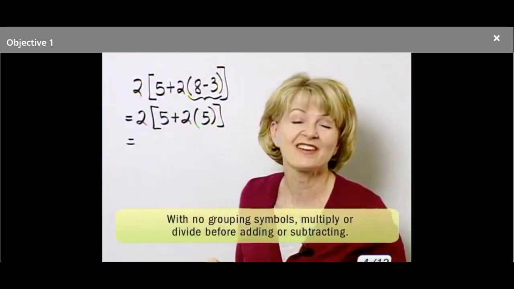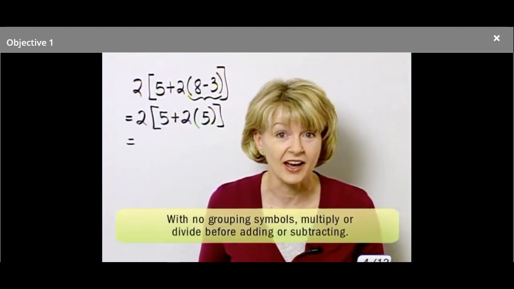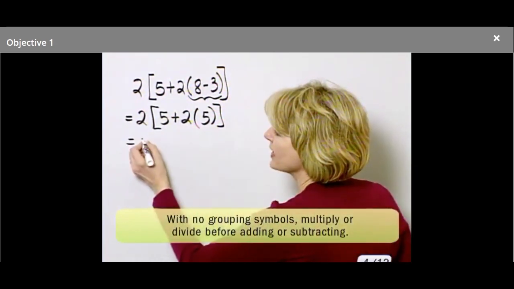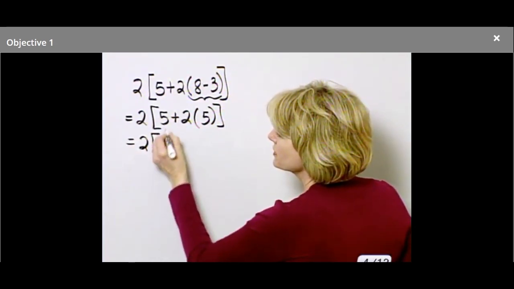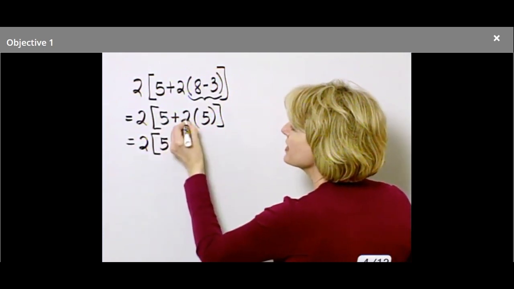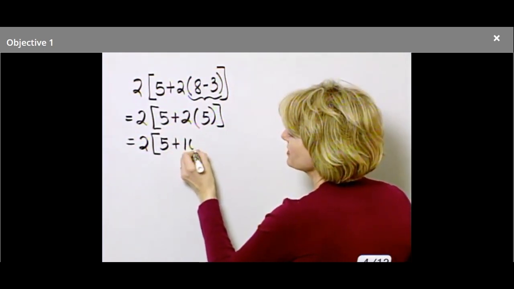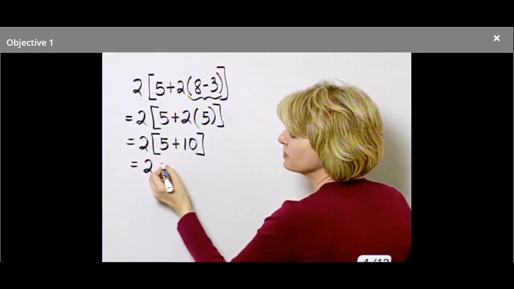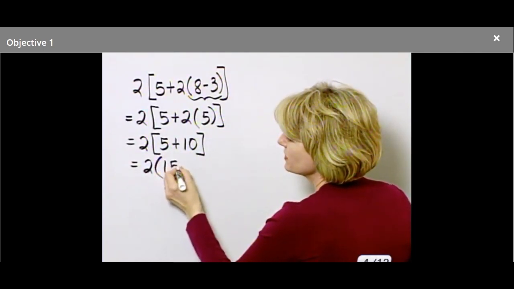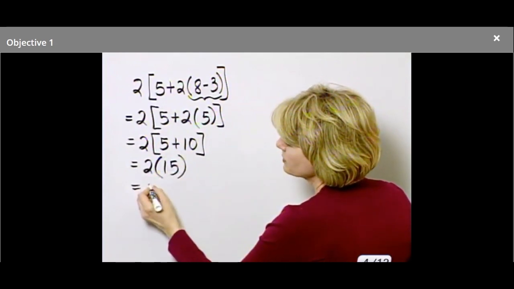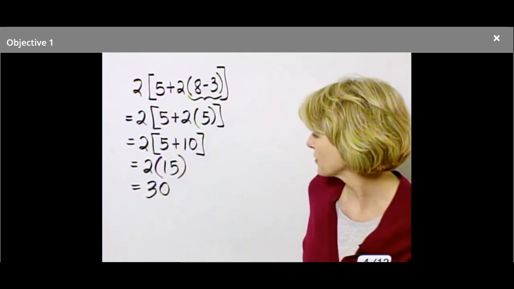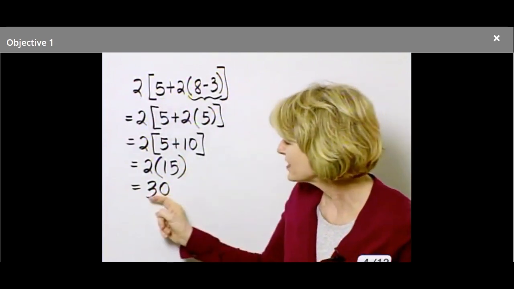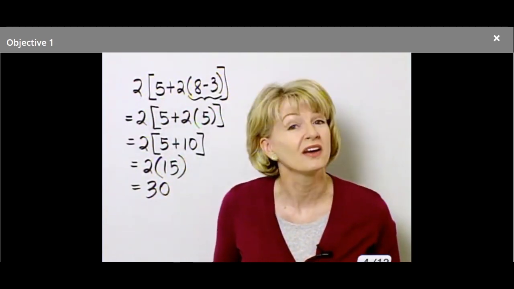Do not add 5 and 2 at this time. We must multiply first. So I have 5 plus, and then 2 times 5 is 10. So this is 2 times 5 plus 10 is 15, and 2 times 15 is 30. This expression evaluates to 30.